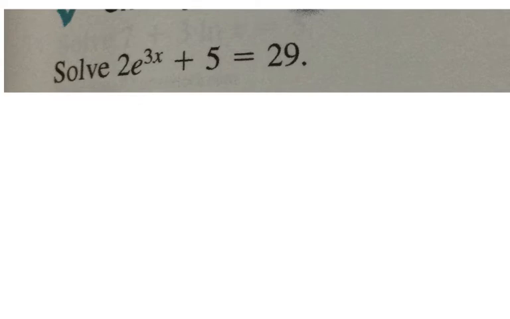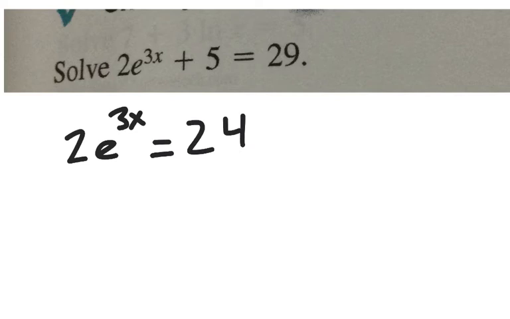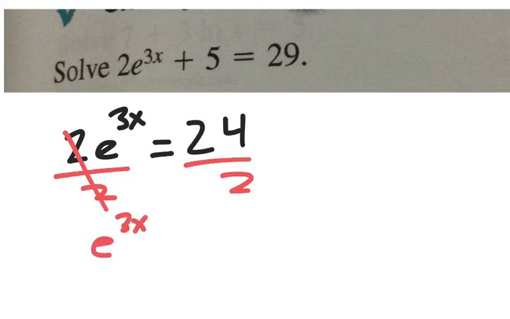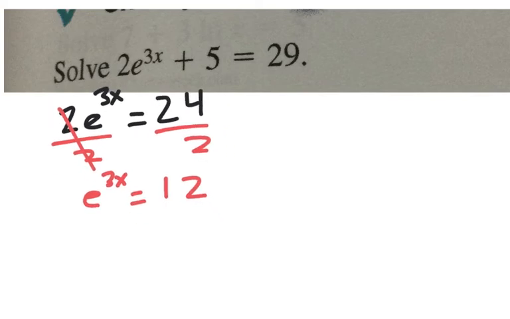Now let's go ahead and go over this one. So I would subtract 5 from both sides, which is going to be 24. Next, divide by 2. That tells me e to the 3x is equal to 12. And now to get the variable out of the exponent, I'm going to take a natural log of both sides.